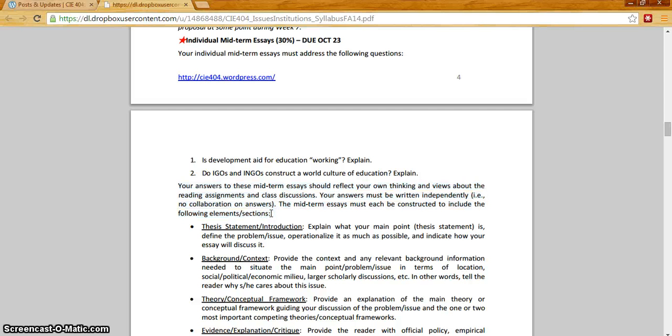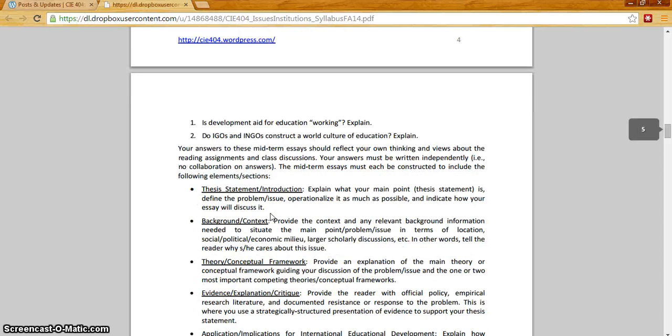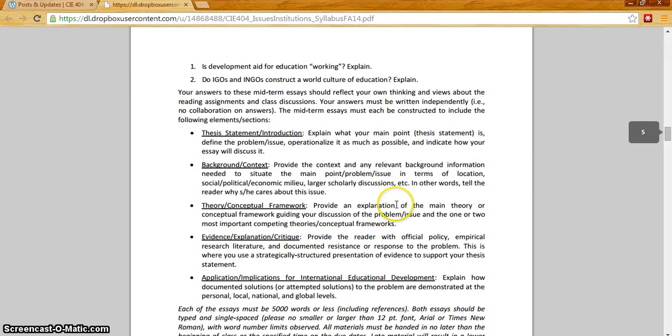The midterm essays must each be constructed to include the following elements and sections. They have to have a thesis statement and introduction, a background and context section, a theory and conceptual framework section, an evidence, explanation, and critique section, and an application and implications for international educational development section.